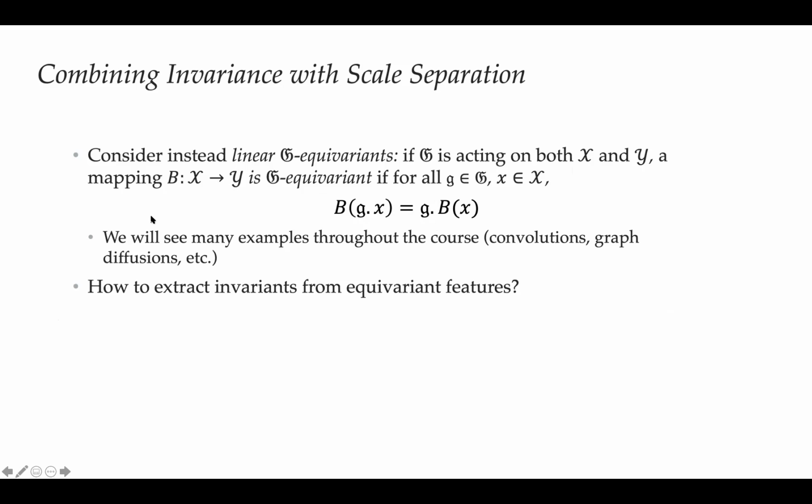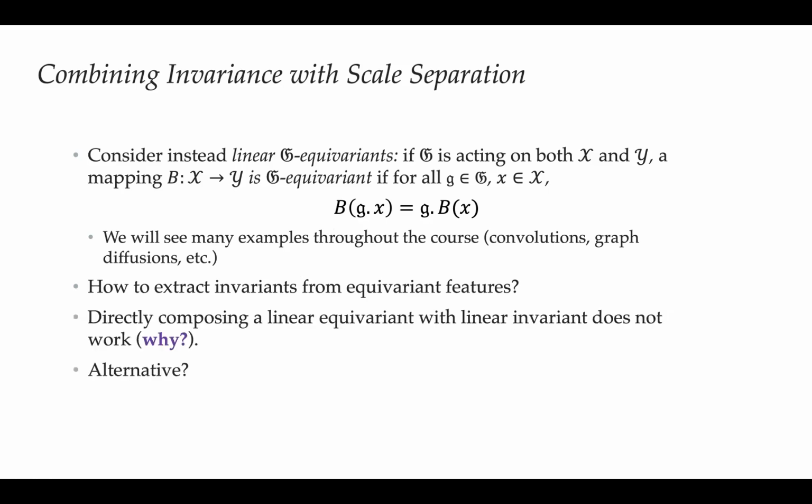So how can we actually combine equivariance with invariance? How can we extract more invariance from the equivariant features? A first intuition that you might have is, why don't I just first consider a linear equivariant, and then compose it with a linear invariant?